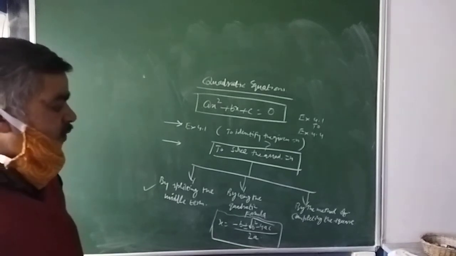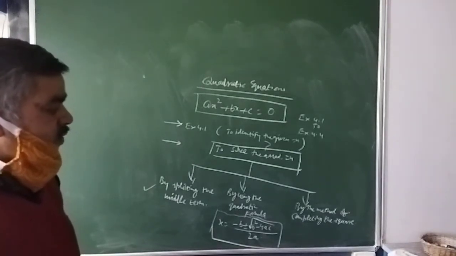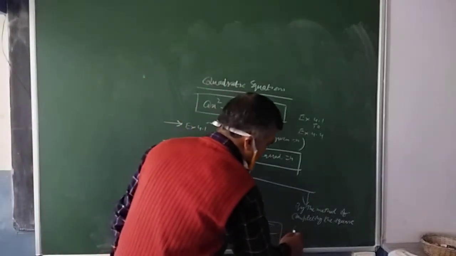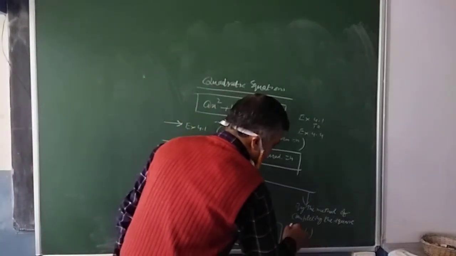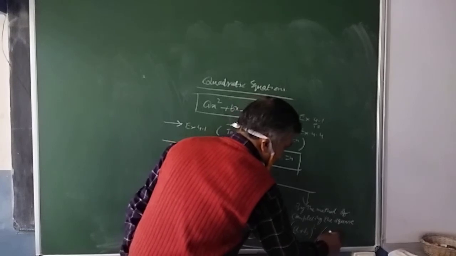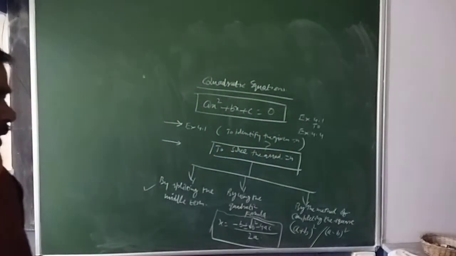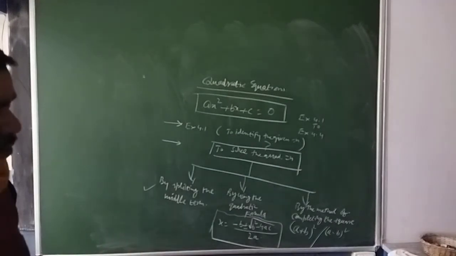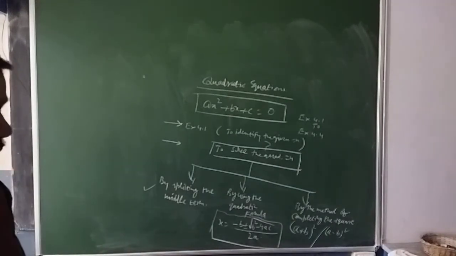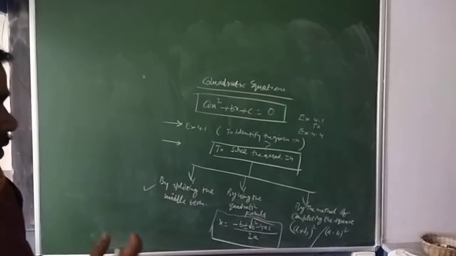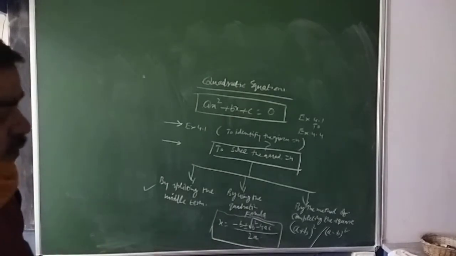If you can solve the quadratic equation by this method also, where we will be using the two identities frequently, either of a plus b whole square or of a minus b whole square. That's why when we are using these identities of a plus b whole square or a minus b whole square, this method is called the method of completion of square.